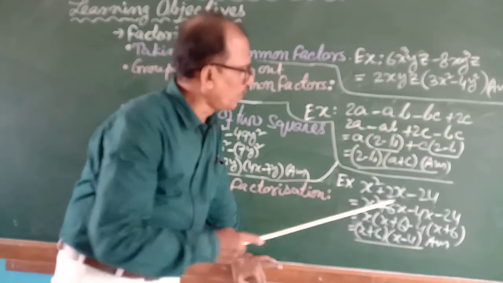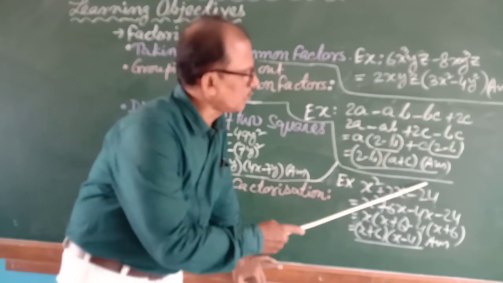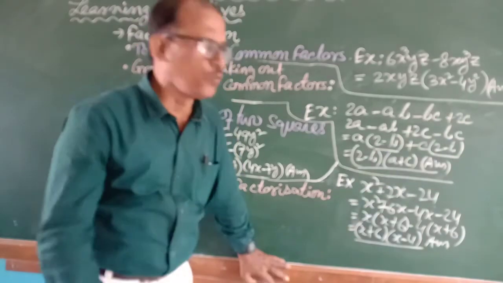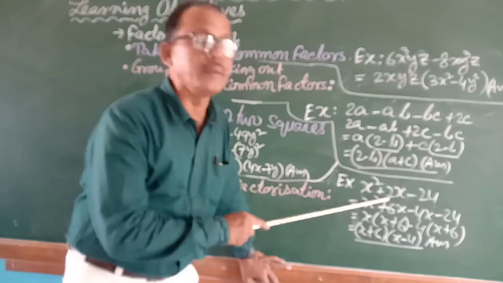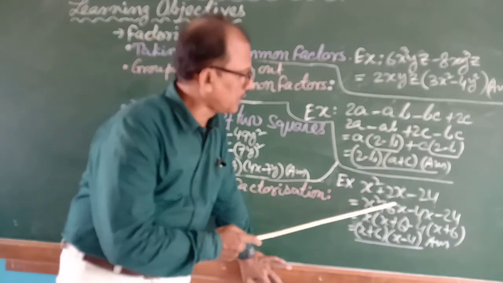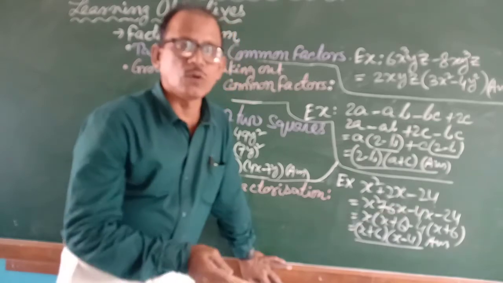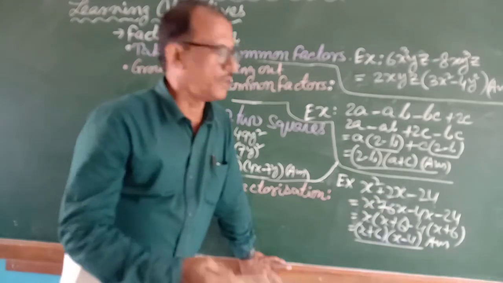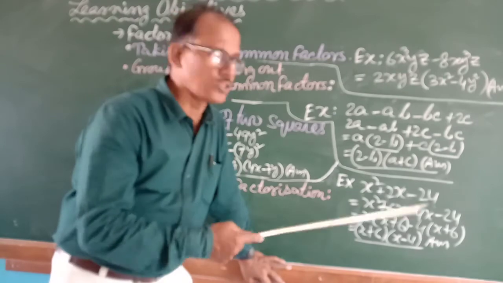So 24 means the numerical coefficient of the first term and the numerical coefficient of the third term will be multiplied. That has to be factorized into two factors such that their addition or subtraction will become the middle term's numerical coefficient. 24 can be split into 2 into 12, but with these two factors, if you do plus or minus, you will not find 2. 24 can be 3 and 8 also. If you do that, then also you will not get 2.